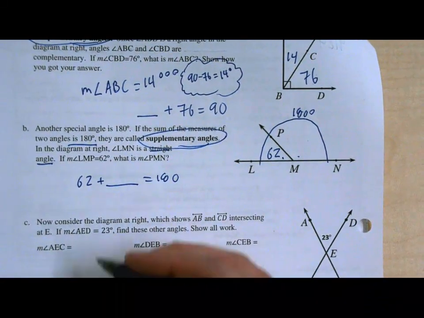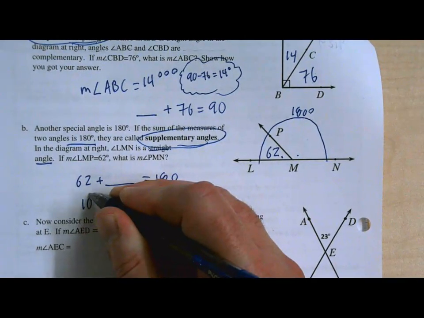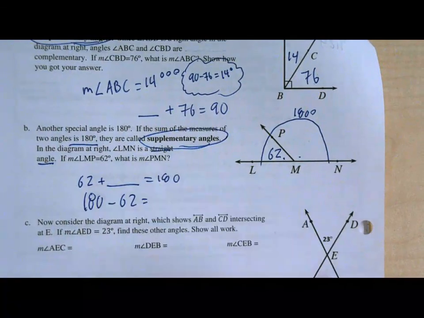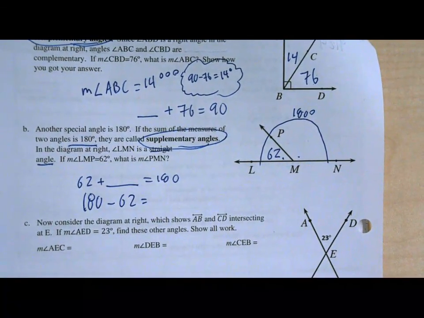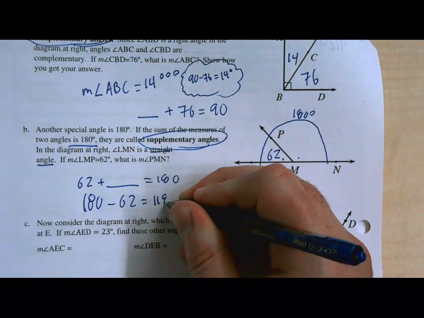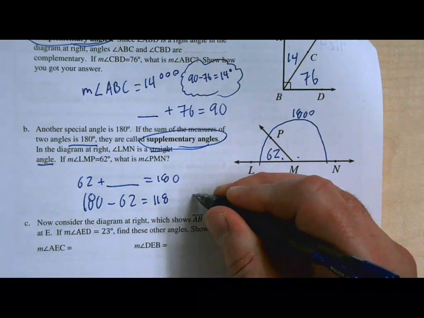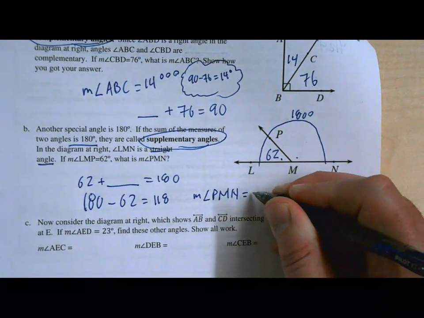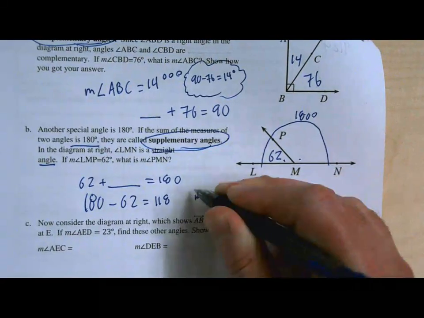Or I might be thinking on my calculator, 180 minus 62 equals something, and we're coming up with 118. So let's write our final answer. The measure of angle PMN is 118 degrees.